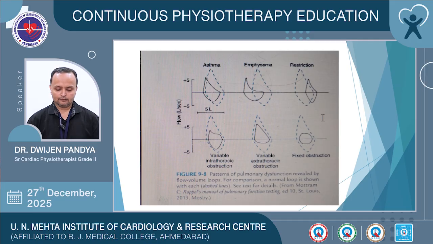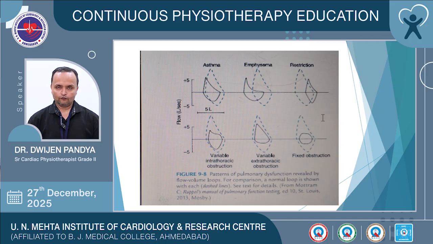We also note that the maximum expiratory flow volume portion of the loop in the patient with emphysema is markedly concave and positioned left of the normal loop, indicating greater flow obstruction at lower lung volumes as well as air trapping and hyperinflation. On the other hand, a patient with restrictive ventilatory impairment typically produces a flow volume loop with the same shape as normal, but one that is markedly narrower on the volume axis, consistent with a smaller FVC.